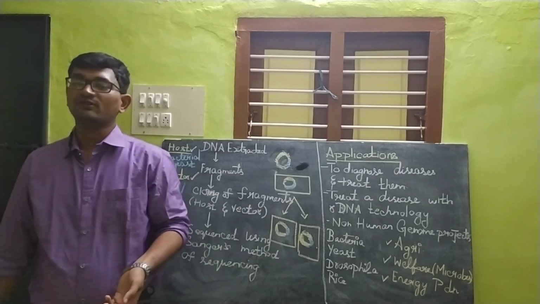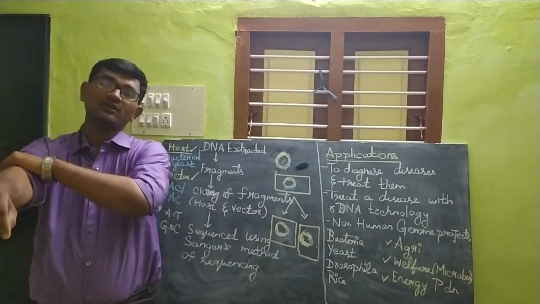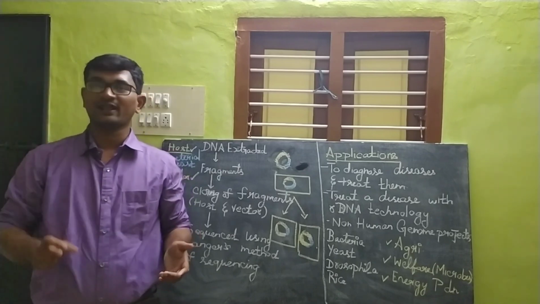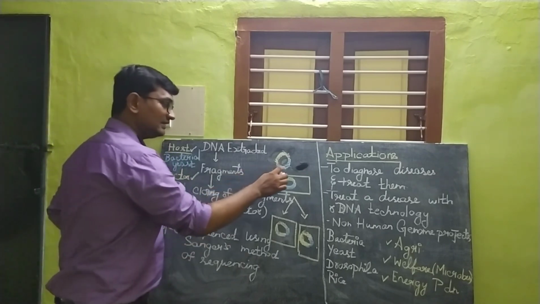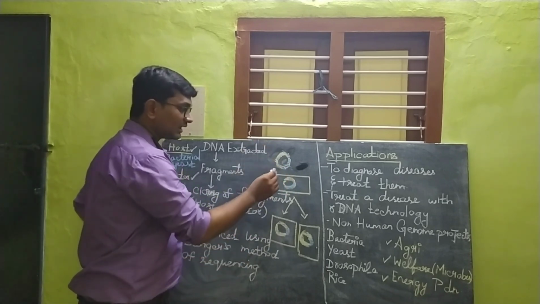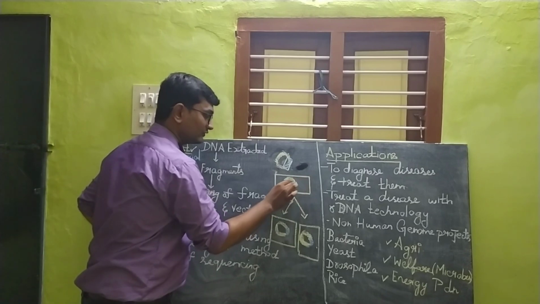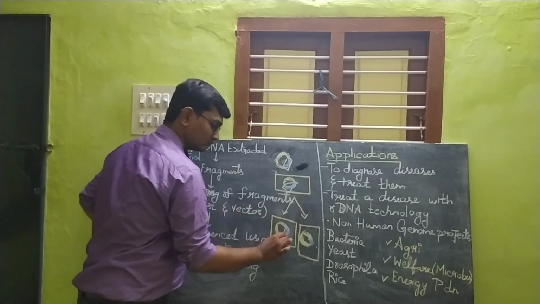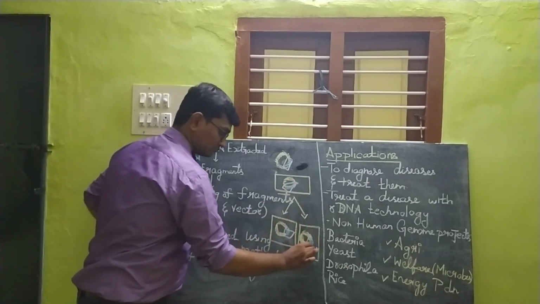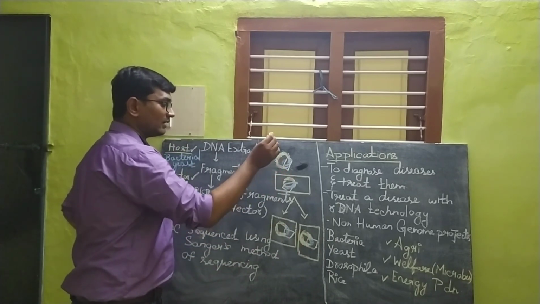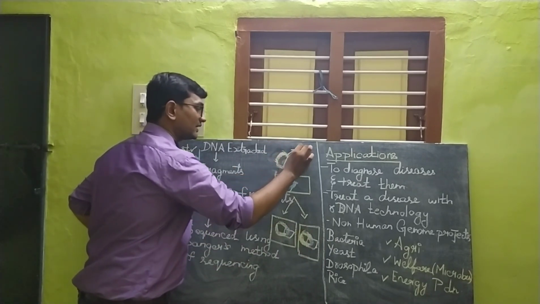What is a clone of a fragment? Actually, a clone of a fragment is producing a multiple number of copies of a single fragment. For example, you can see a blue and yellow color over here. This blue color is a fragment used. This blue fragment would be able to attach with a host or vector.